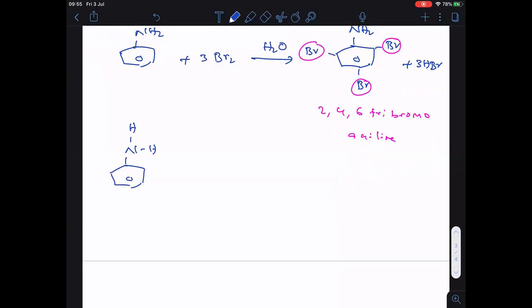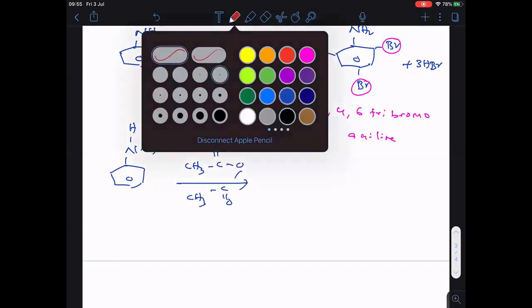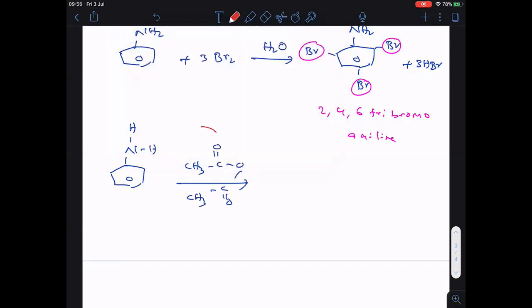Now this aniline, when treated with acetic anhydride, CH3, C double bonded O, O, C double bonded O, CH3. This is called acetic anhydride. Then what happened here? Acetic acid, CH3COOH, is removed.